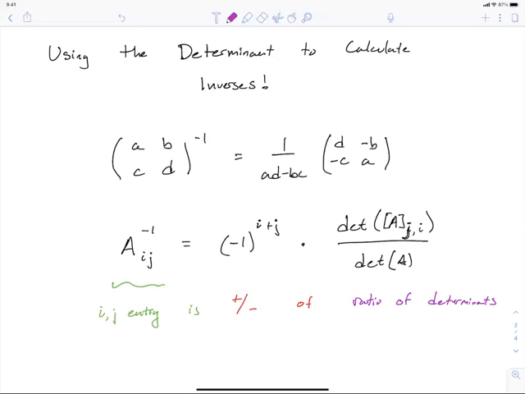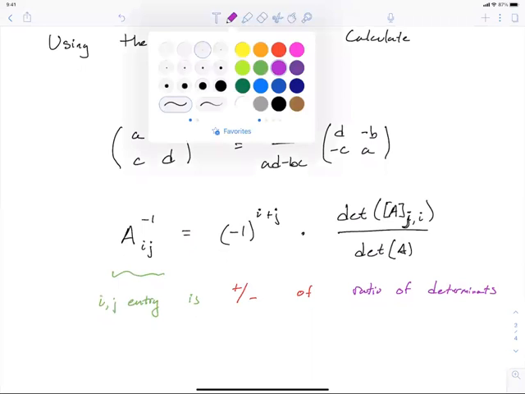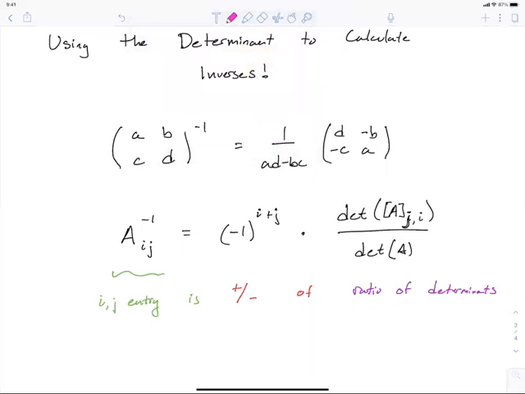So we have to calculate the determinant of a bunch of minors, but if we do that, we can automatically just write down what the inverse is. All right, so one word of warning here is that this is in fact reversed. So that's going to come up in just a second when we go through an example.